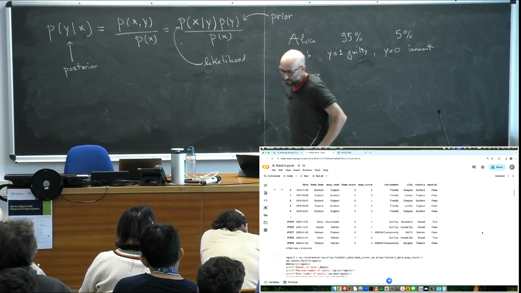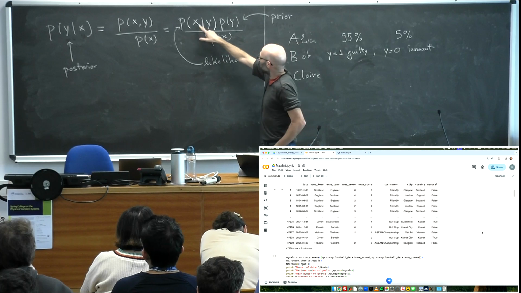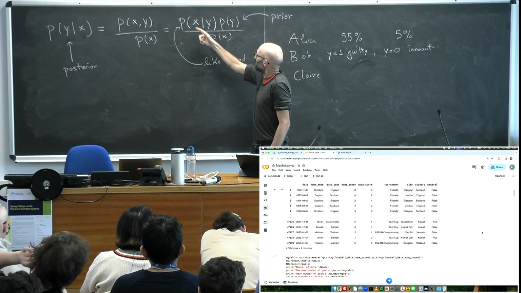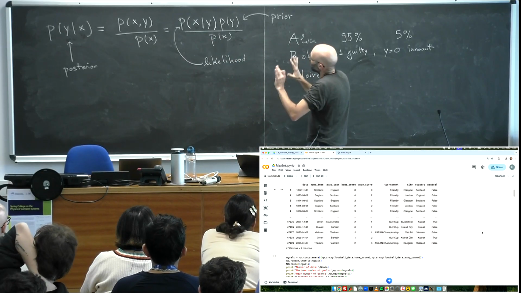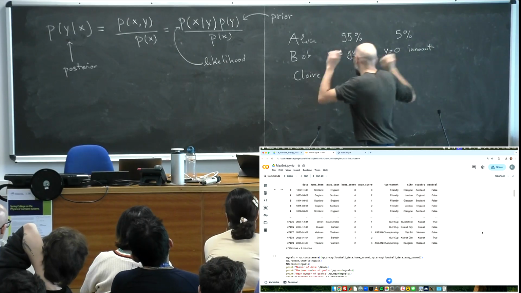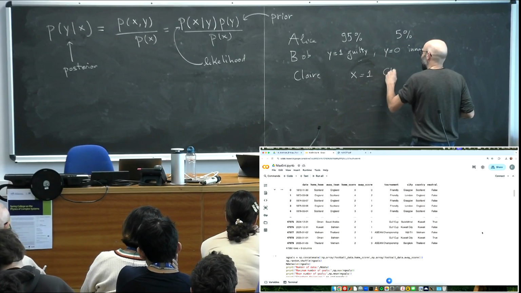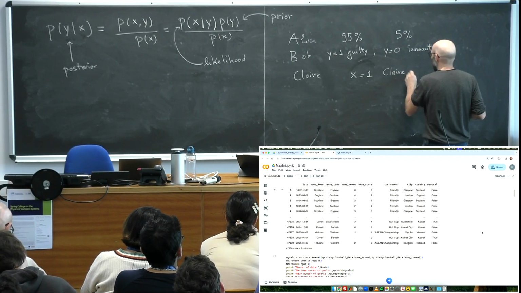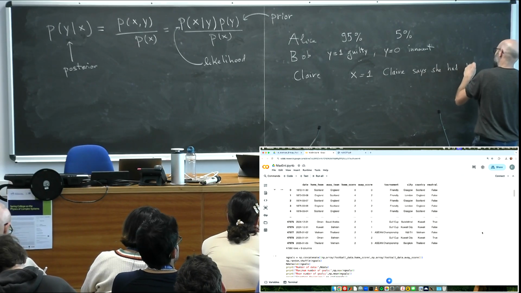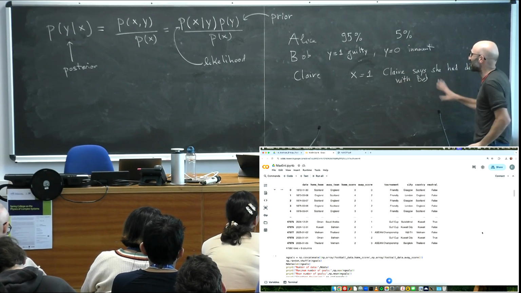Now we have the prior probabilities, and we have to make a model for the likelihood that Claire is telling that she had dinner with Bob. X equal to 1 is what you get as information, which is Claire says she had dinner with Bob the night of the theft.